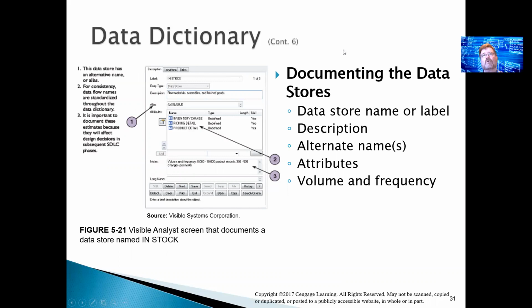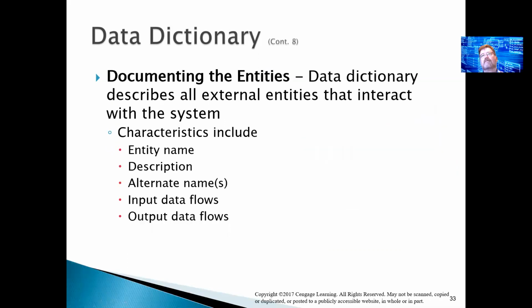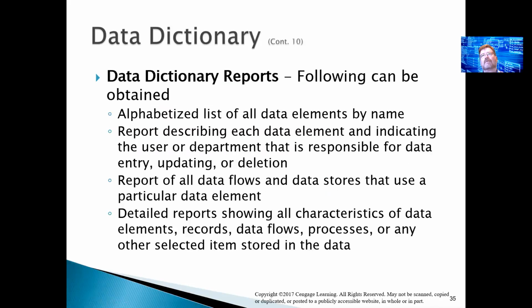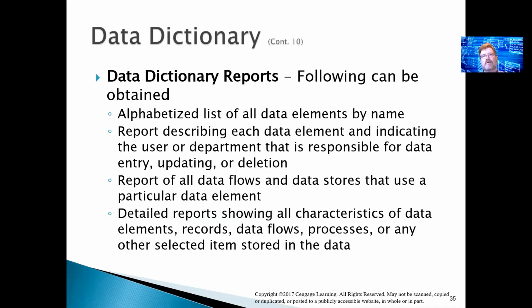And here, there's more about data dictionaries, and I'll just let you look at those. We're about to talk about documenting an actual process, but I'm going to save that for a bit later. When you're using a CASE system or product, there can be reports that come out.